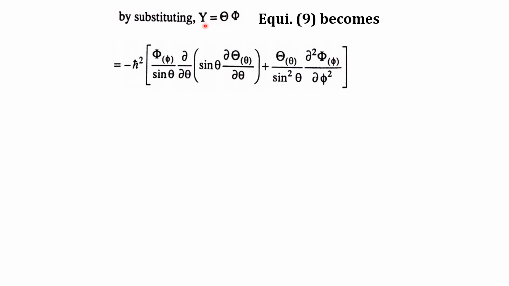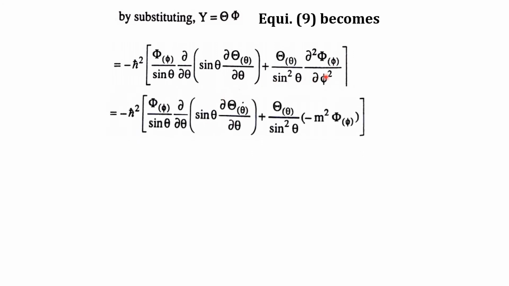Therefore, differentiating the Y term with respect to theta and phi in equation number 9, we get the equation minus h cross square into bracket: capital phi, a function of phi, divided by sine theta into d by d theta of bracket sine theta d theta by d theta, plus theta by sine square theta into d square phi by d phi square. Here we simplify this equation again.